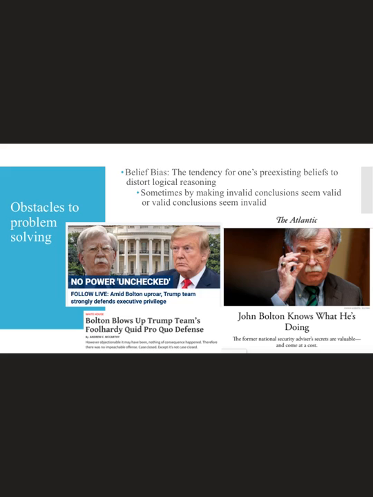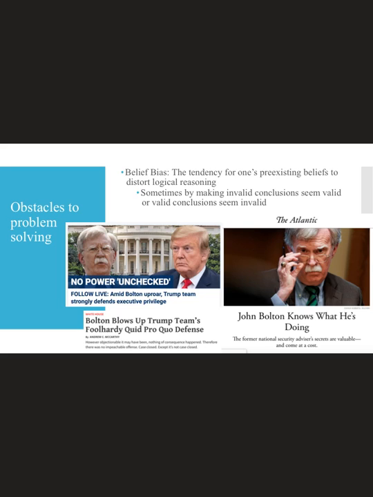Belief bias is the tendency for one's pre-existing beliefs to distort logical reasoning, sometimes by making invalid conclusions seem valid or valid conclusions seem invalid. It's this idea that I have this belief, and therefore no matter what you tell me or what I hear, I'm going to maintain that belief, and I'm going to read news articles and watch news channels that reaffirm that belief.